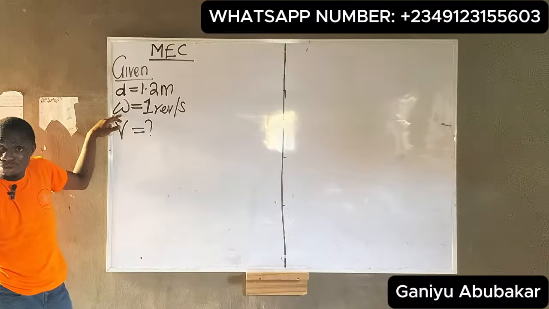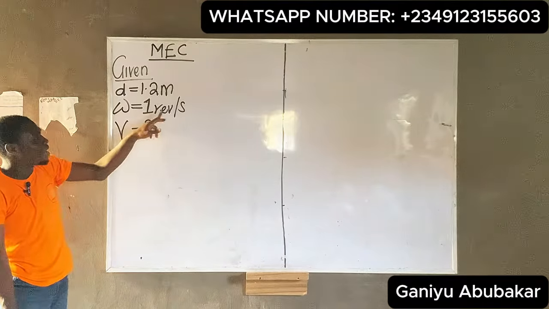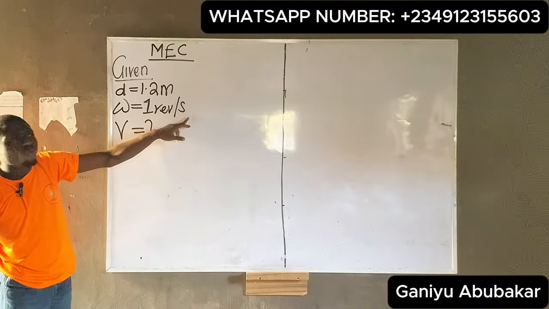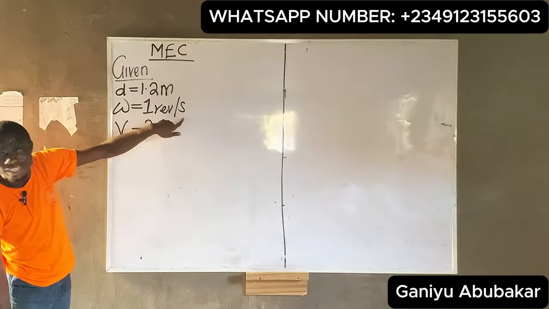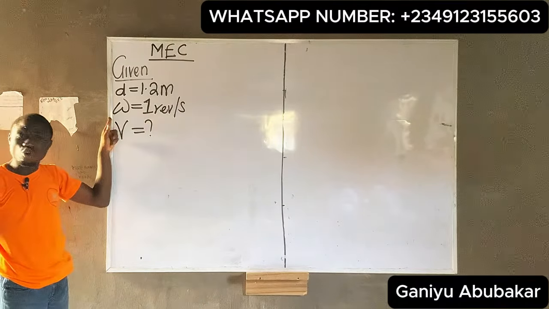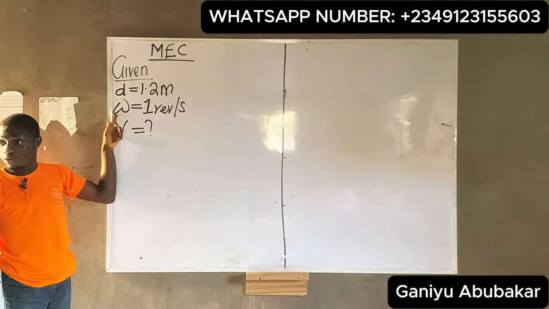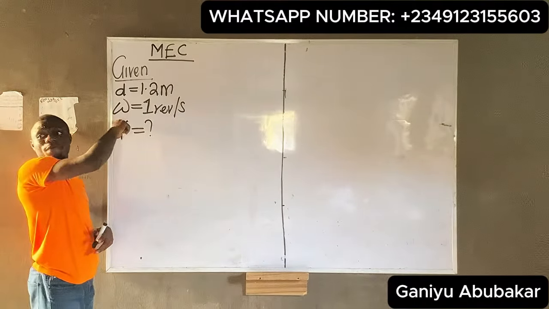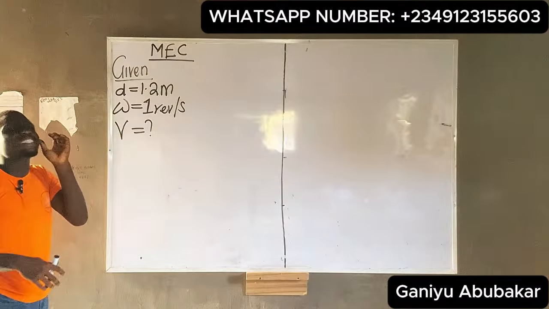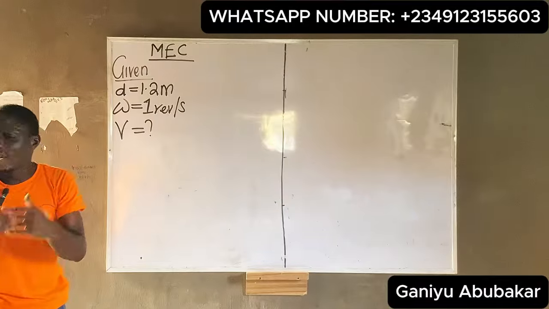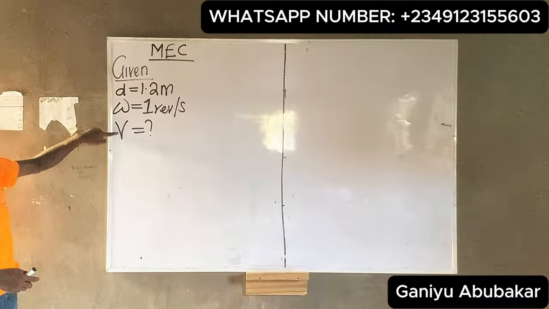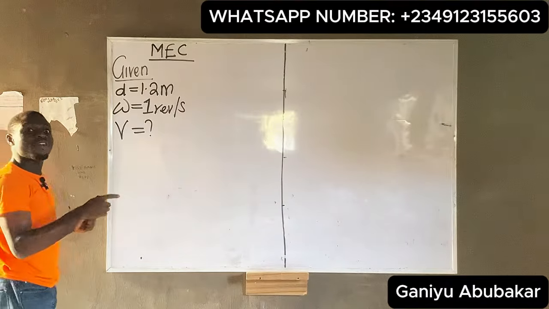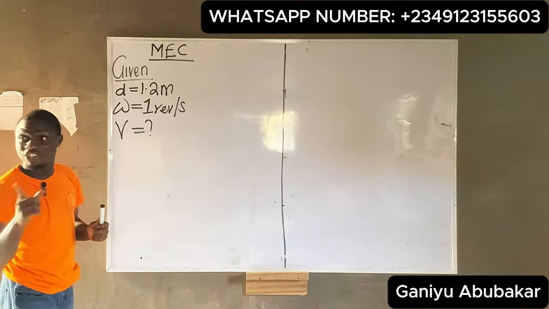R is the meter, and I'm seeing rev per second. So what thing signifies something over seconds? That was omega. So with the SI unit, you can guess what parameter they're talking about. From here, can you help me sense out what relates this and V together? Angular velocity, Abi.